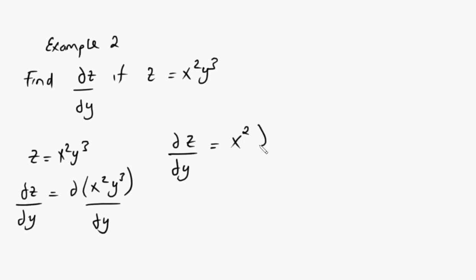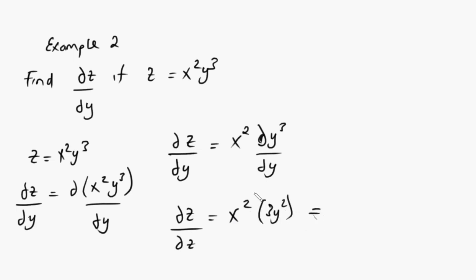Kwa hiyo ni vile vile kama kule. The only difference now, a variable is kept constant. So remain is y cube. So nikiderive y cube with respect to y, what do I get? Power rule, okay, I get x squared. This one is just 3y squared, okay? So the final answer is just 3xy squared, okay?